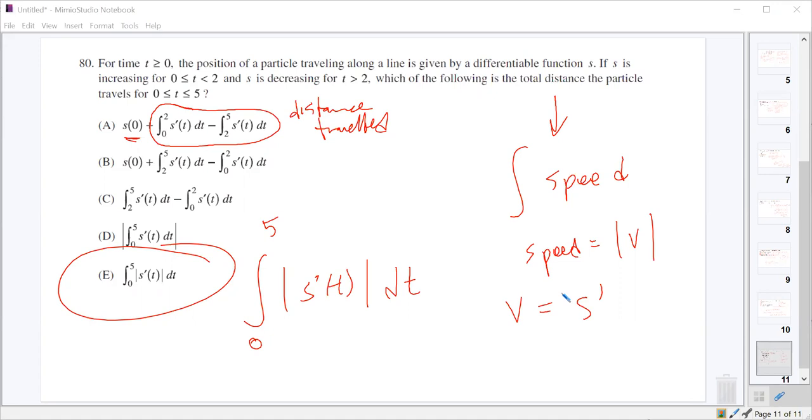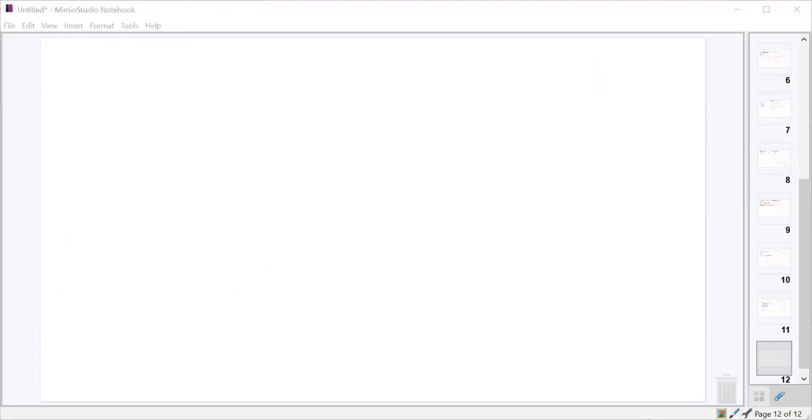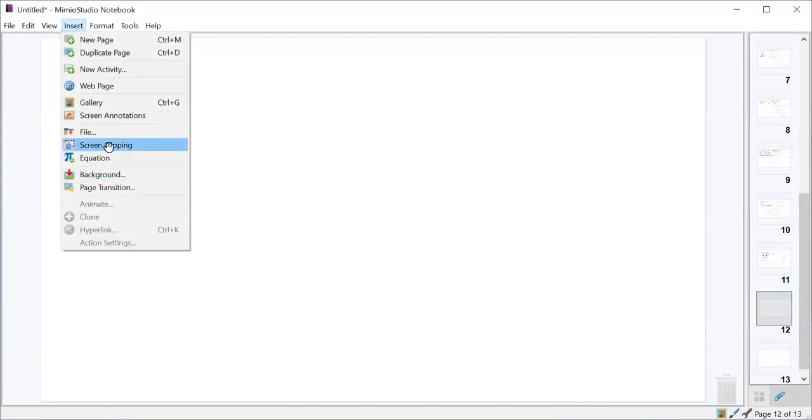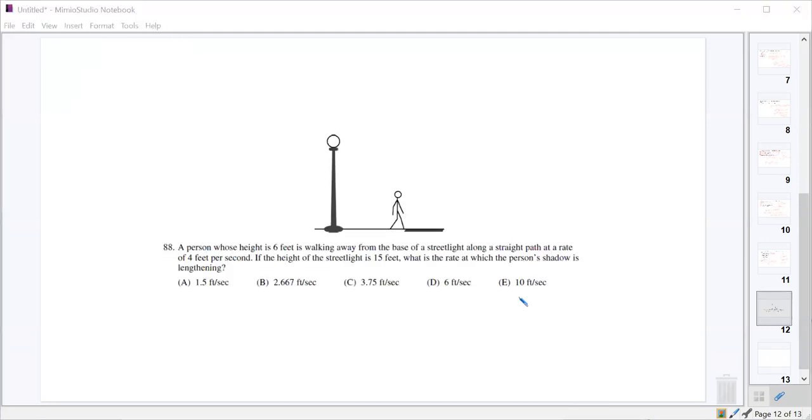So we're looking at 88 now from 2012. I did not want a duplicate page. I wanted to take a picture of this street light.